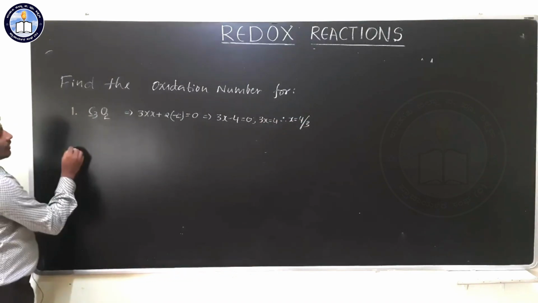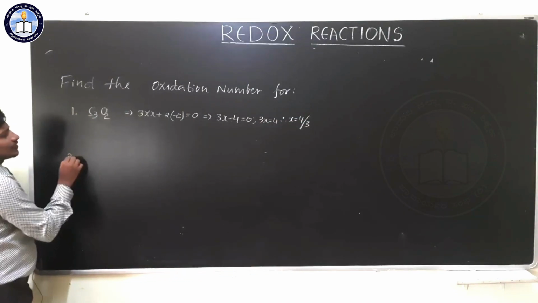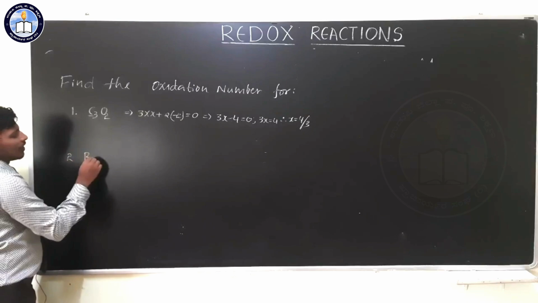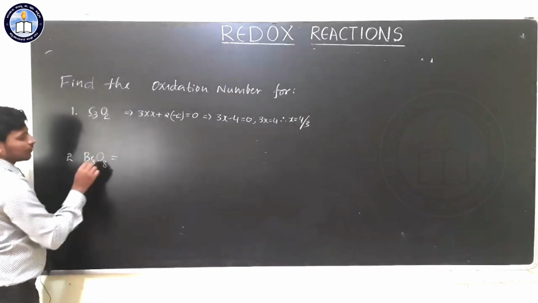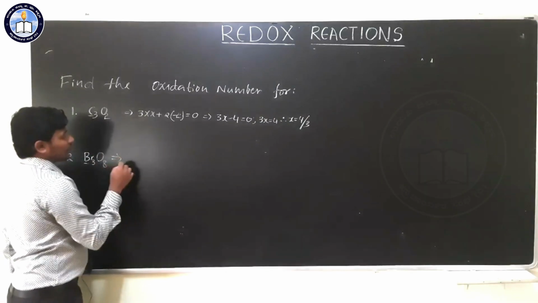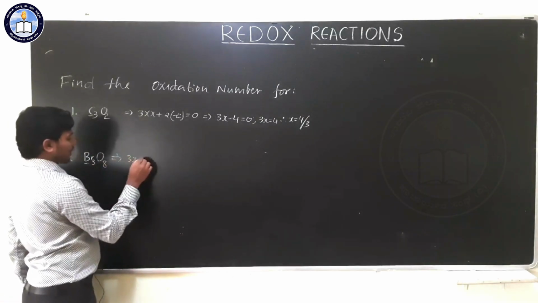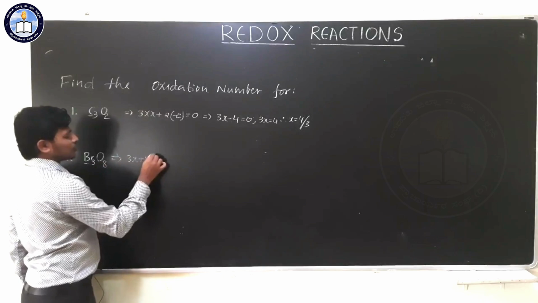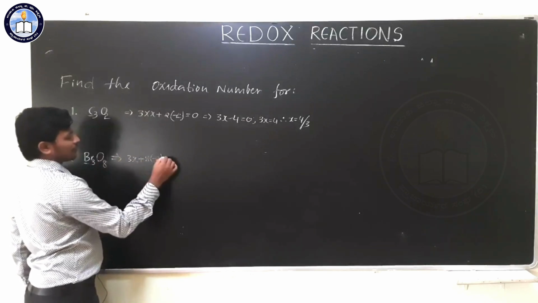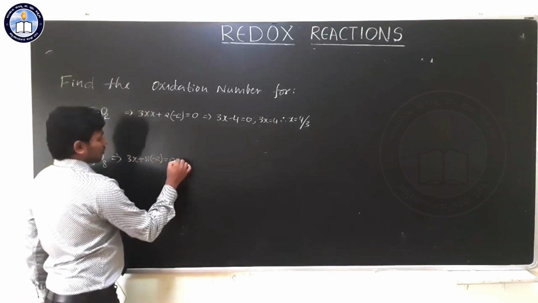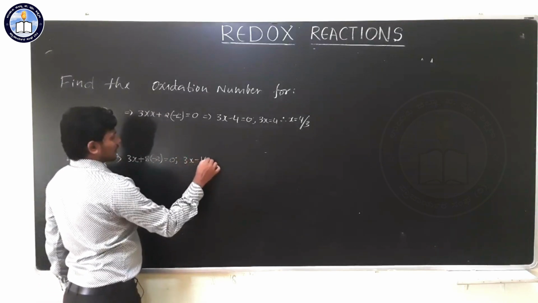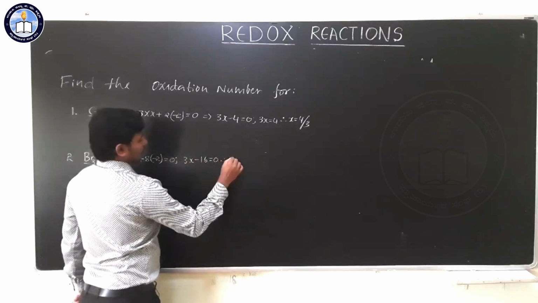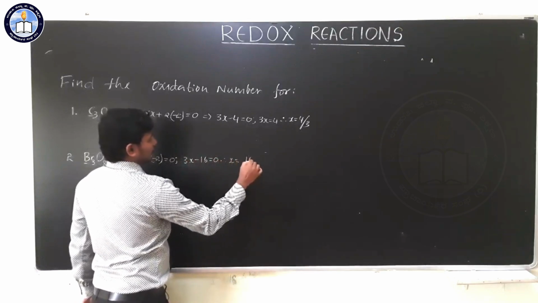Let me take another example here. Br3O8. Find out for Br. Do it. How to find out? 3 into x, 3x plus 8 into minus 2 for oxygen equal to 0. Therefore, 3x minus 16 equal to 0. Hence, x equal to 16 by 3.